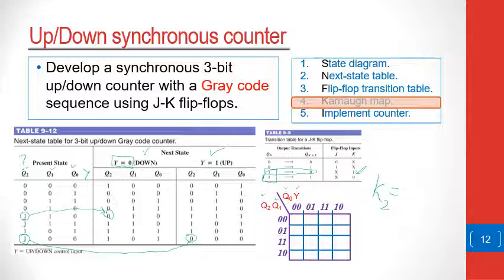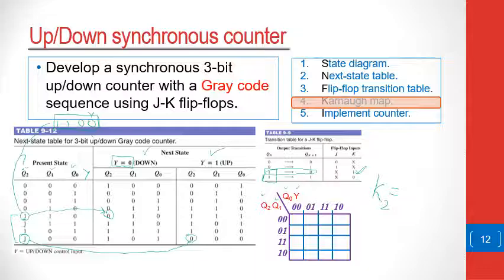So the way we can simply summarize that is to look at these 2 instances. In the first instance here, the present state would be Q2, which is 1, Q1, which is 1, and then Q0, which is 0, and the Y input would be 0 because this is counting down.